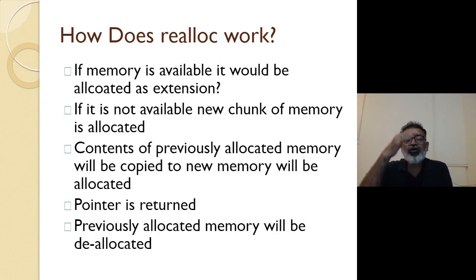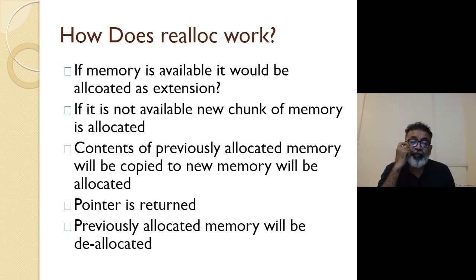Contents of previously allocated memory will be copied to the new memory, right? Contents of memory previously allocated by the malloc will be copied to the new memory, and that pointer is returned. What does it mean? Pointer is returned. That means the pointer which was pointing to the previously allocated memory will start pointing to the new allocated fresh memory, right?